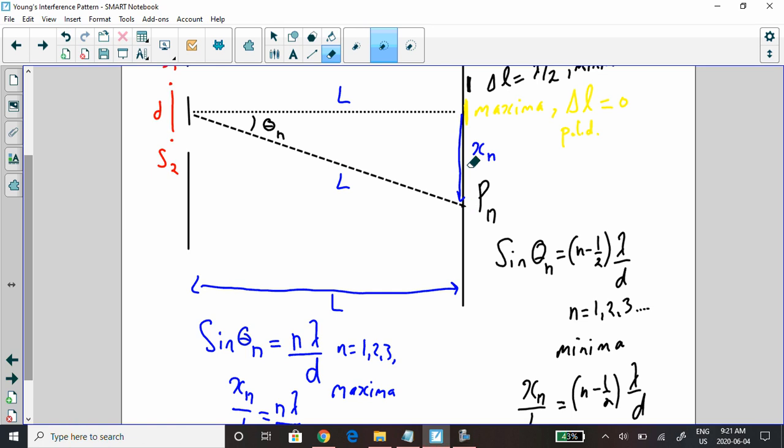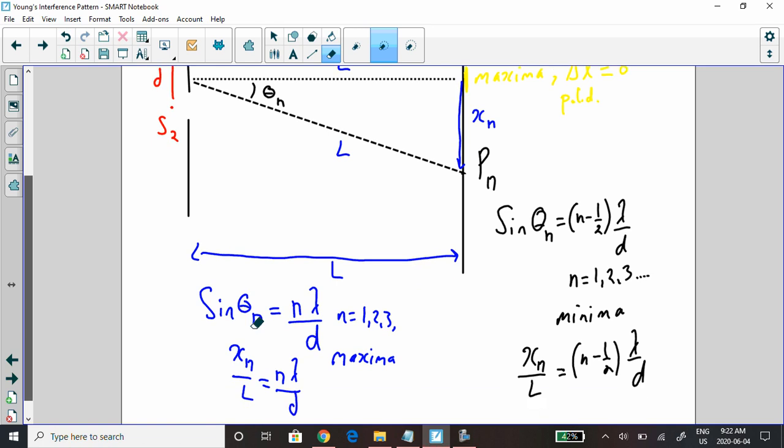Well, you can do that because you know the relationship here: theta, opposite over hypotenuse, xn over L is your sine theta. So instead of having sine theta equal to n lambda over d for a maxima, you replace it with xn over L because that's sine. Similarly here, for a minima, instead of using sine, you use xn over L.